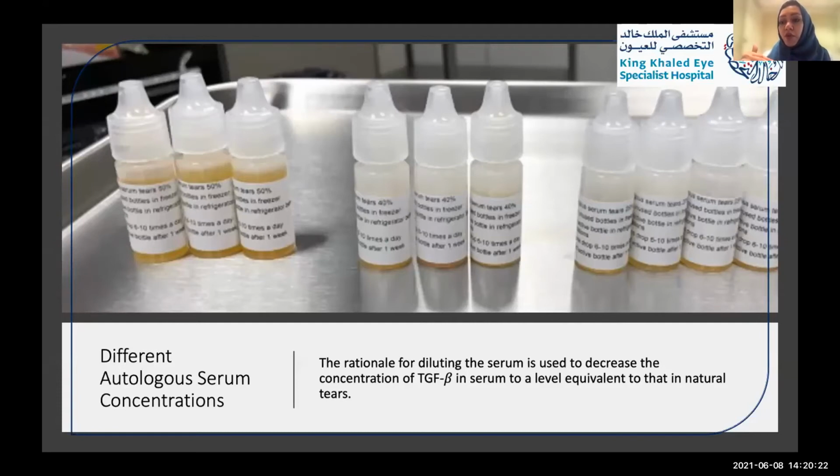So if you have it in a higher dose than required, it actually does the opposite, which promotes inflammation. However, in that study, they used a lower speed for centrifugation, and this is what led to the false overestimation of the transforming growth factor beta.